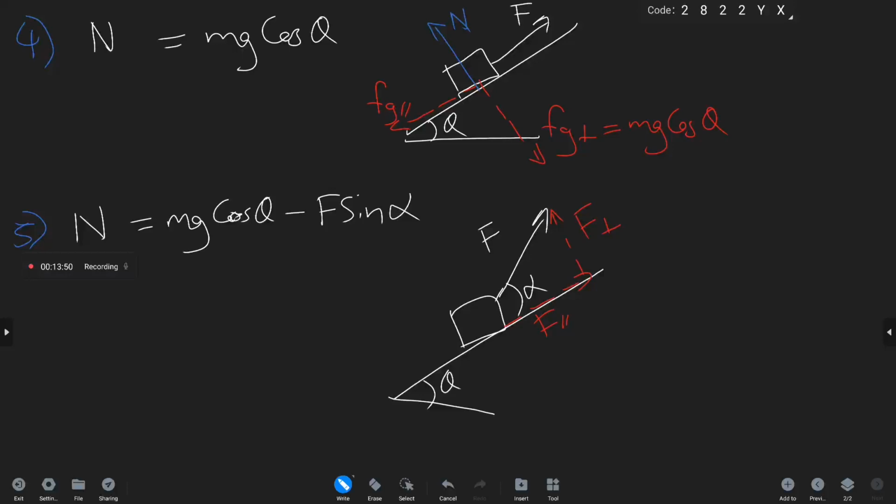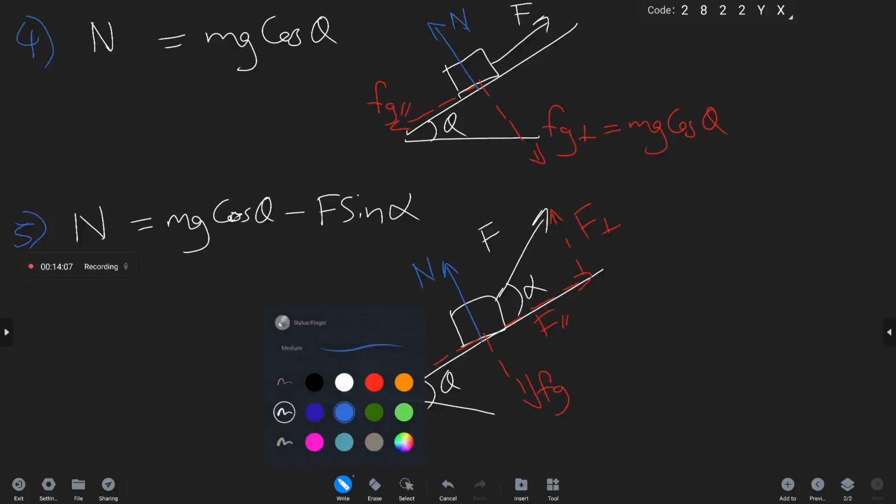So this is one of those rare situations or scenarios that you come across, but you must be in a position to deal with them and respond to questions that would demand their application. So in that regard, normal force will be equal to mg cos theta minus the perpendicular component of the force which is acting on the object at an angle which is alpha in this regard.